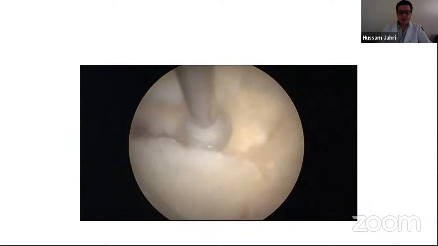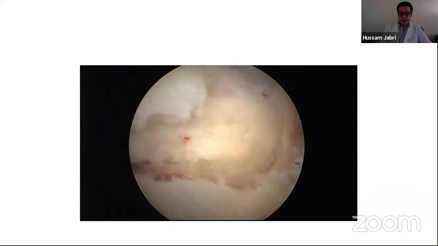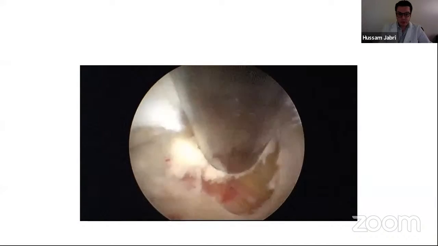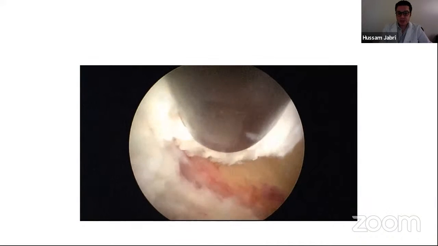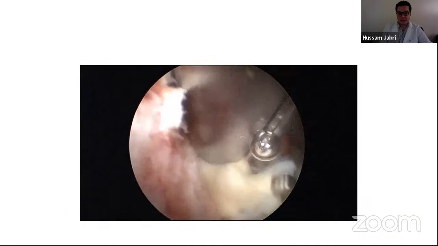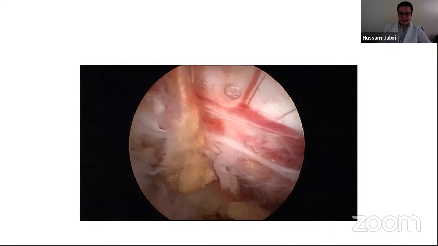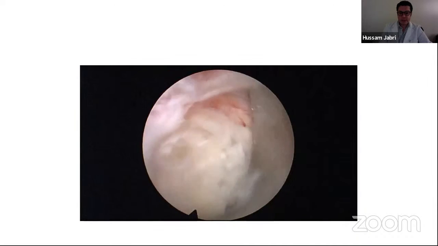And in this video, as we see, we are drilling the superior articular facet, after which we immediately identify the ligamentum flavum, then we split it and start to remove it from its attachment. Epidural fat is identified, and the lateral edge of the dura with the traversing nerve root is identified.